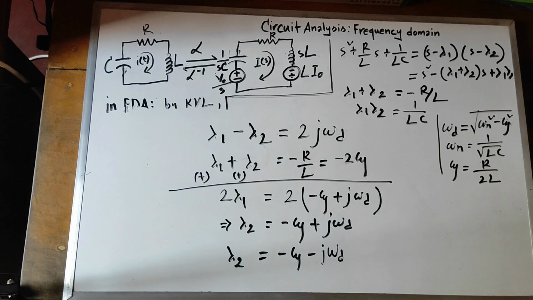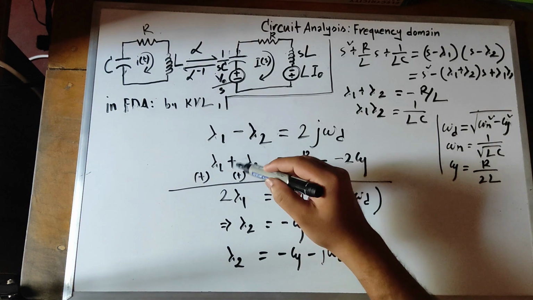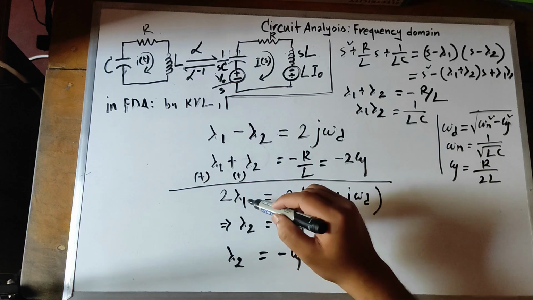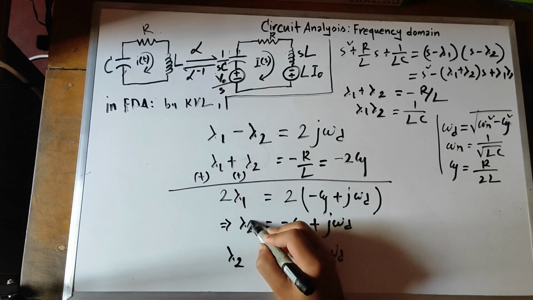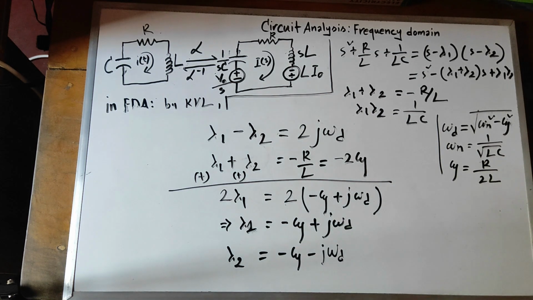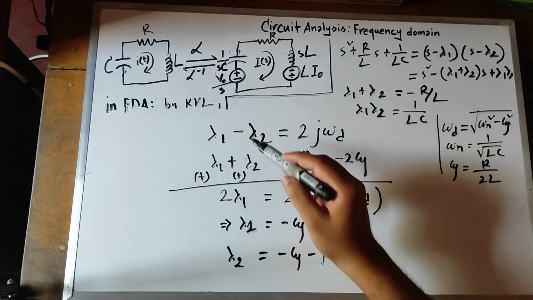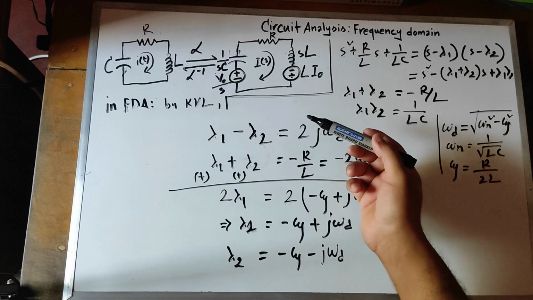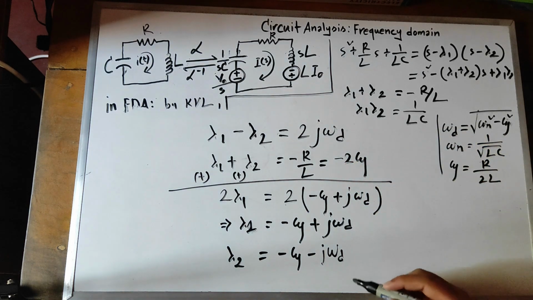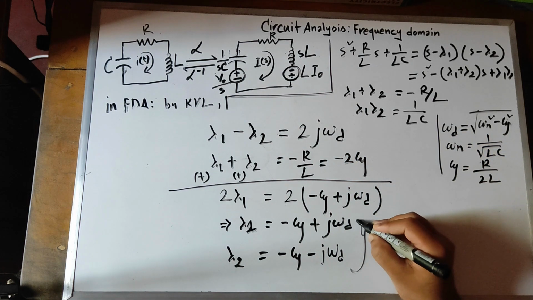So we have found our two roots. I found lambda 1 by adding the two equations, and you will find lambda 2 by just subtracting. That's it, so these are the two roots.